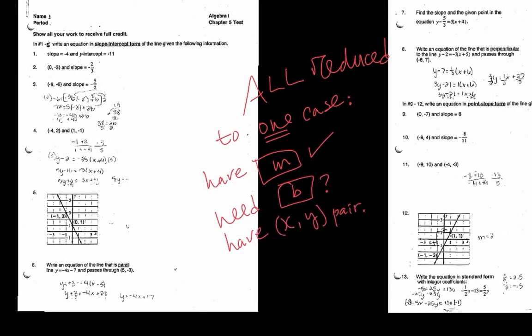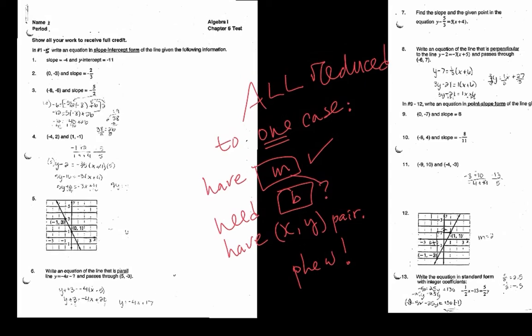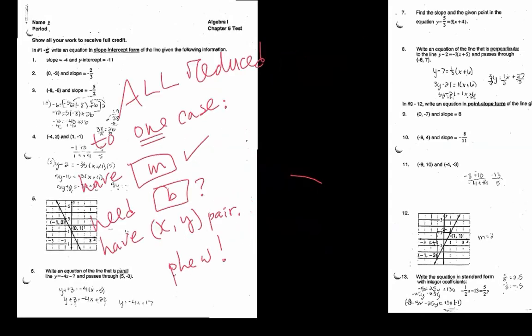Now, 90% of the work is done. Let's see how we go about solving this particular case, because, like I said, 90% of the work is done. We can reduce every single problem on the test so far back into y equals mx plus b, have m, don't have b, but have a point.